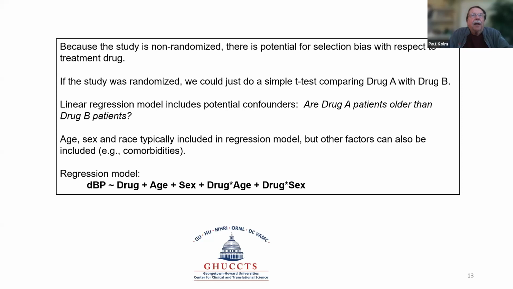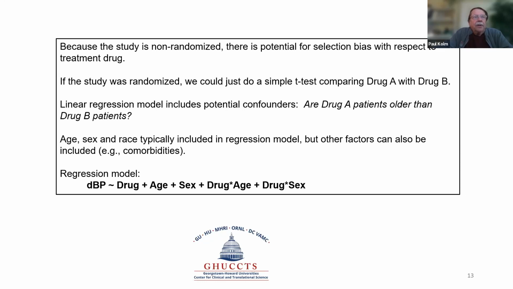But in this case, since we have a non-randomized study, we're going to include potential confounders. For example, are drug A patients older than drug B patients? Or is the sex differential or different between the two drug groups?